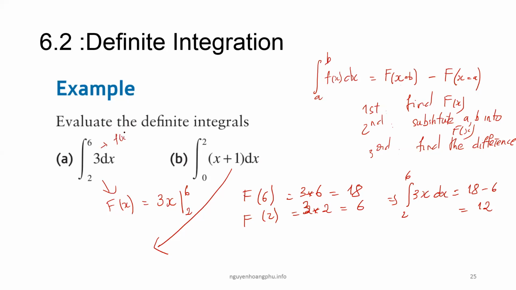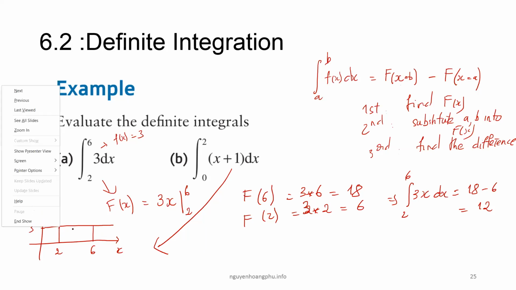So f(x) equal to 3. If we draw the function, x here, y here, y is equal to f(x). Right. So here we have 3. So we need to find from 2 to 6. Because this one is a special case, you also can do it in this way.